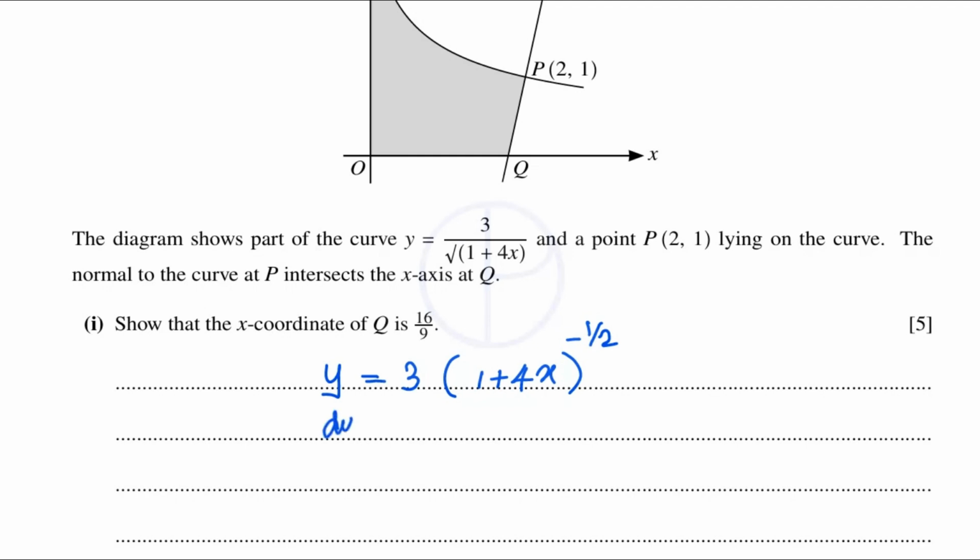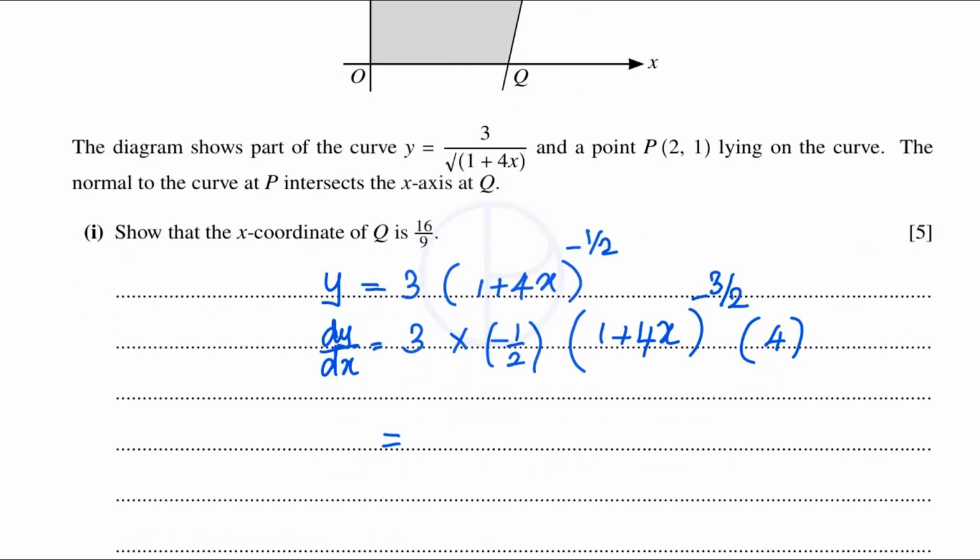So what is dy by dx? 3 multiplied by negative 1 over 2 multiplied by (1 plus 4x) power negative 3 over 2 multiplied by the coefficient of x, which is 4.